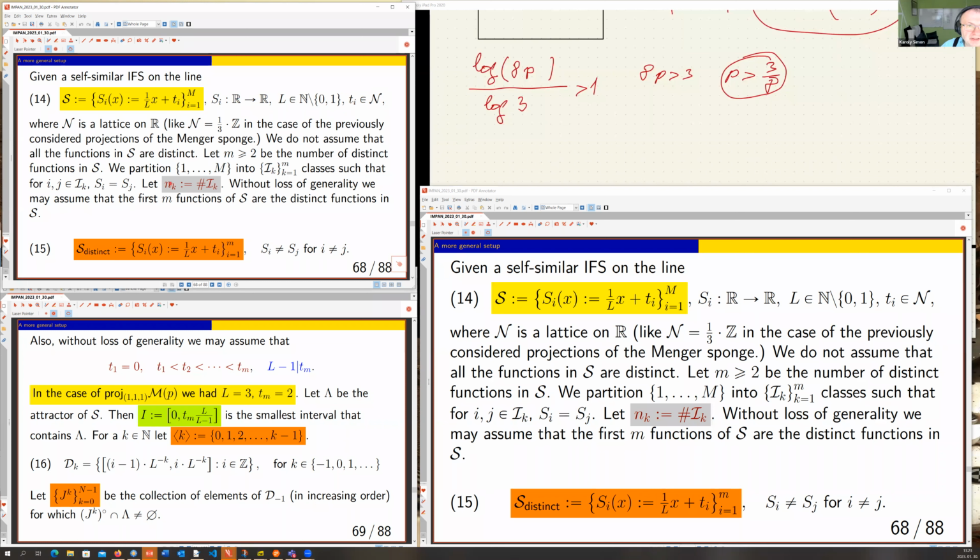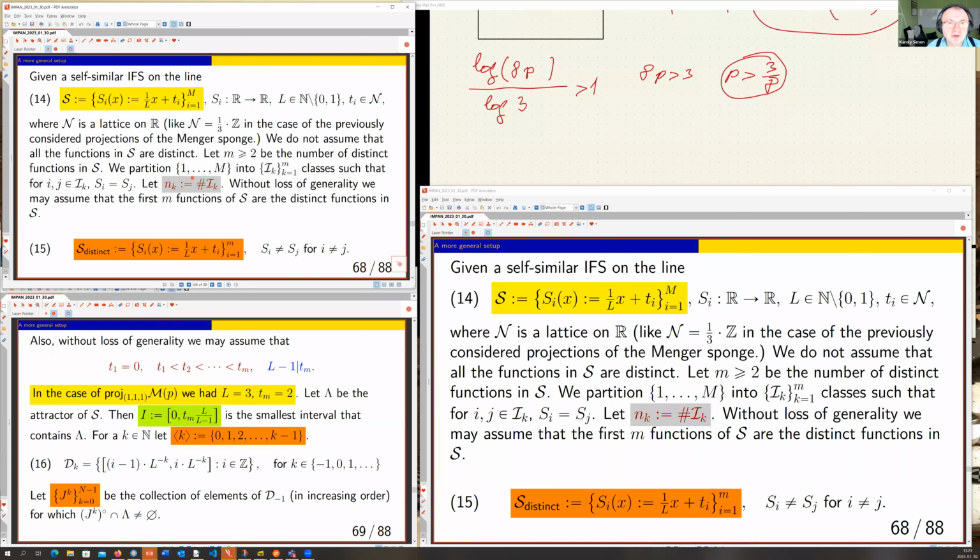And some of these mappings can be the same, just because if you project down, then even if the mappings in space are different, after projection they can be the same, and n_k means somehow the number of those.